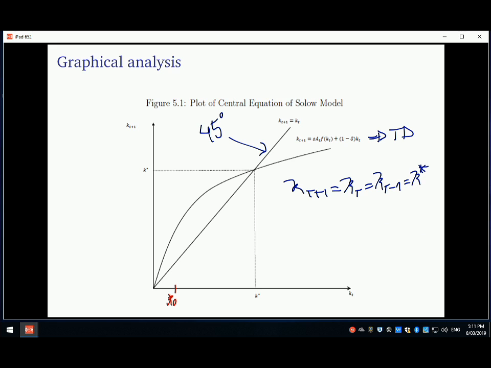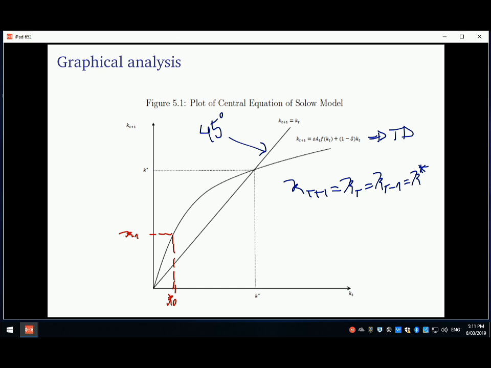This is the amount of machines, the amount of computers that we have in the economy today. What does the model imply for tomorrow's capital? Given that there will be some investment and some undepreciated part of capital, our TD equation tells us that tomorrow's level of capital per capita will be here.